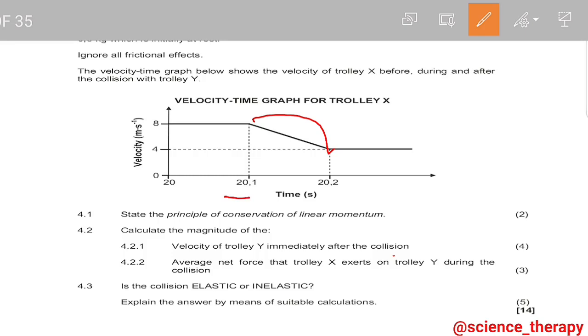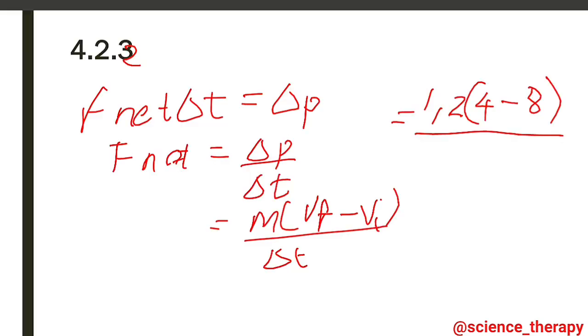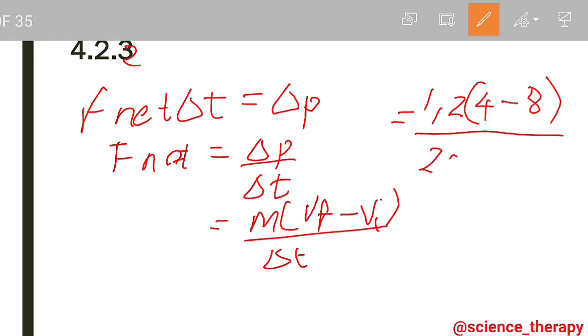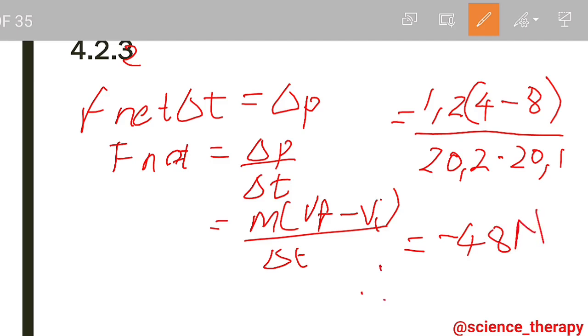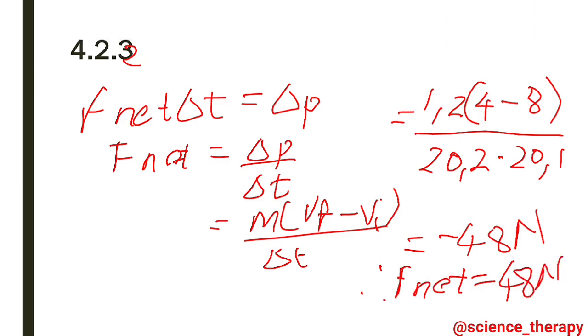We have 20.1 to 20.2, so we write 20.2 minus 20.1. That is just 0.1. If you punch that in your calculator, you now have negative 48 Newton, which we can conclude that F net is equal to 48 Newtons. Awesome.